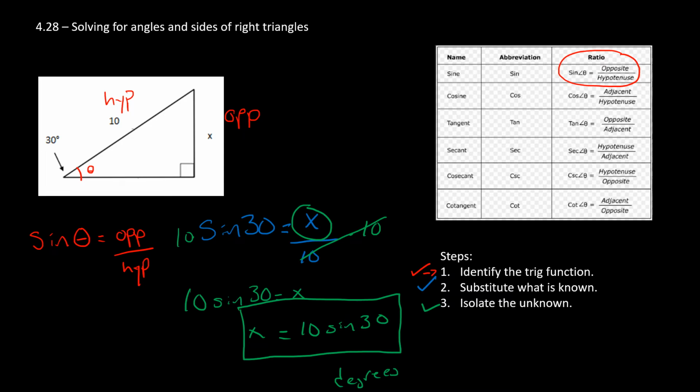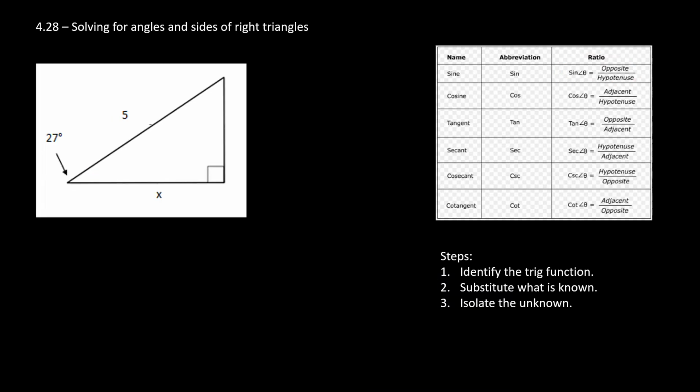So let's try another one. We have this triangle here. Our theta here is 27 degrees, and we have some value of x here. We have a 5 up here on the hypotenuse. Let's label our sides. This side here is our adjacent side, and the side up here is our hypotenuse.